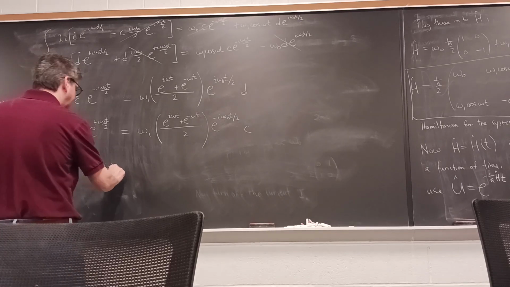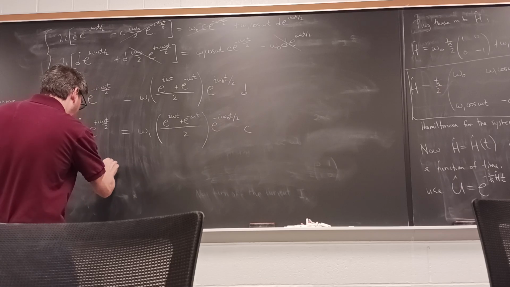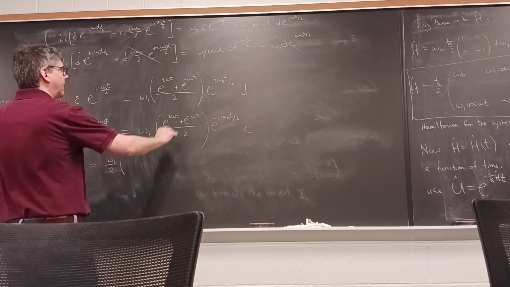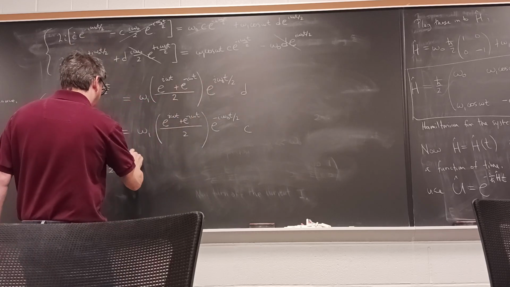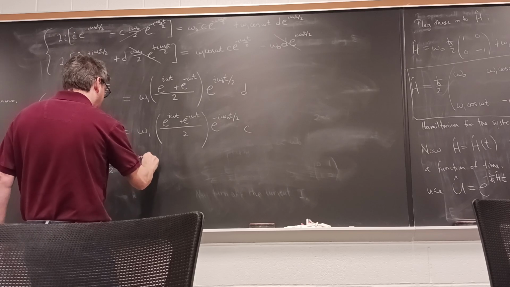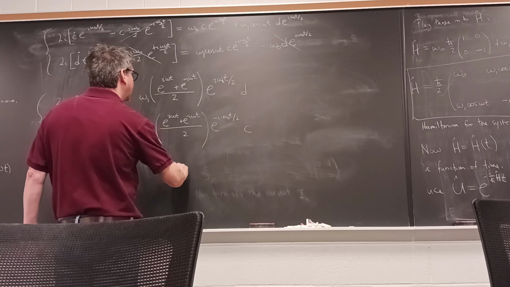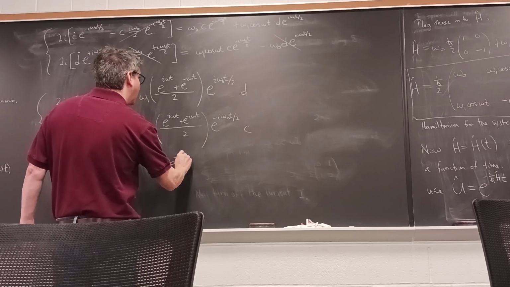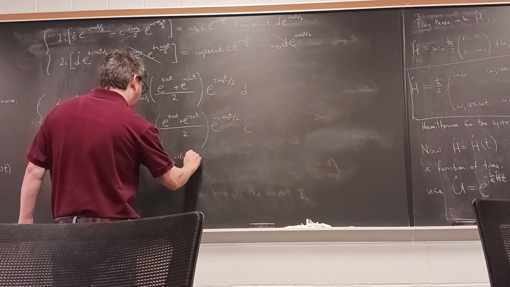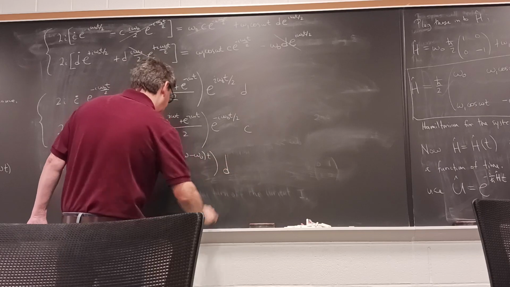So if I rewrite these equations again, I'll have 2i c dot is equal to omega 1 over 2, and then I'll have here e to the i (omega plus omega 0) t plus e to the minus i (omega minus omega 0) t times d.